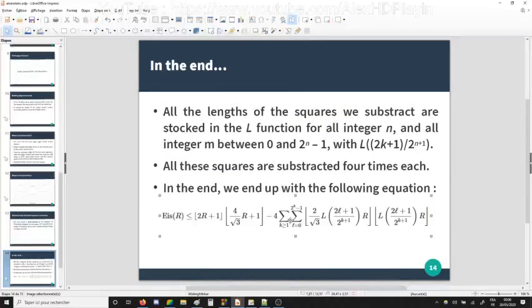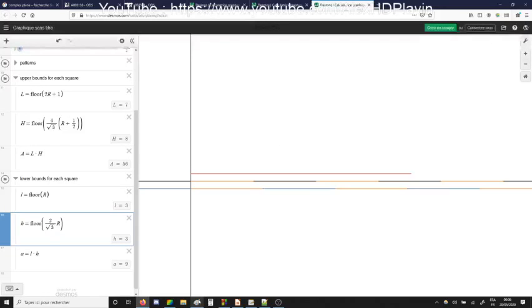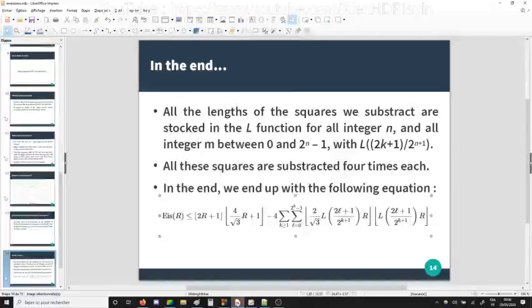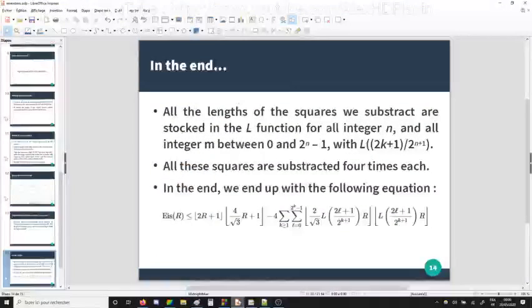I had to do a double sum, but basically this is the simplified version, which is not simple, but it's a bit easier to read than this mess, even though there's just a double sum instead of a single sum here. And yeah, so it basically looks like that, and that's the best bound I found.